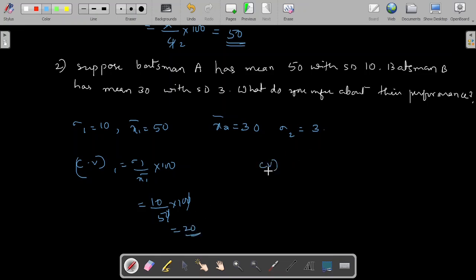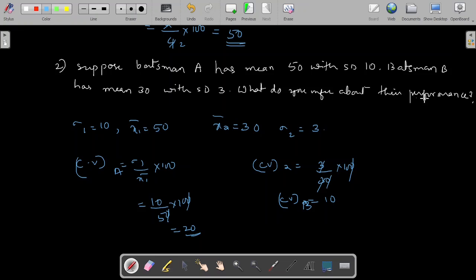CV of the second series is sigma 2, which is 3, by 30 into 100. So this gives you 10. This is the CV of batsman B. This is the coefficient of variation of batsman A and the coefficient of variation of batsman B. Which batsman's coefficient of variation is less? Batsman B has less coefficient of variation.